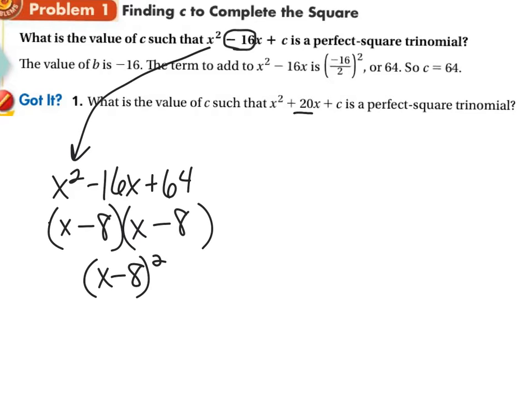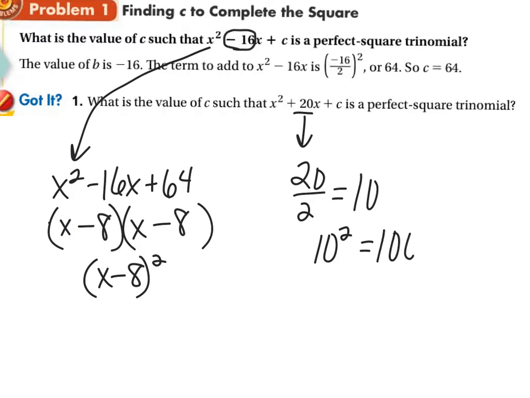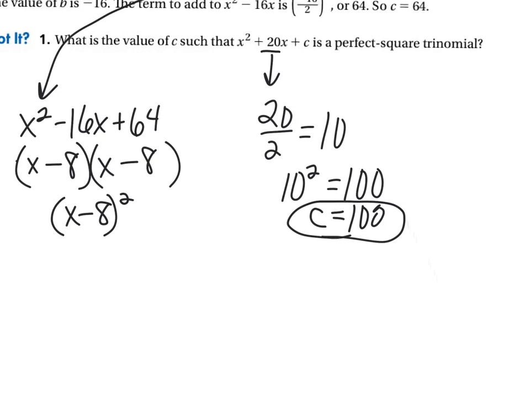So on this problem, our b value is 20. So if you take half of that, it is 10. And then if you square that, it would be 100. So we would want c to equal 100 for this problem. And again, what we could do at that point is that would give us x squared plus 20x plus 100.